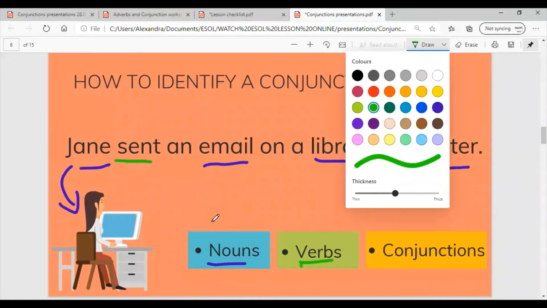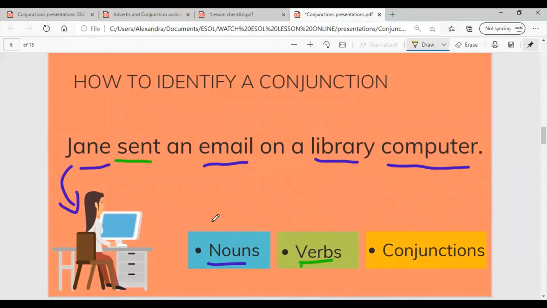Now conjunctions connect the sentence together, so they are connective words. If we look at the sentence without our connectives, we just have "Jane sent email library computer." Now that doesn't really make sense, does it? We know we need a few extra words just to help it make sense. So: "Jane sent an email on a library computer."